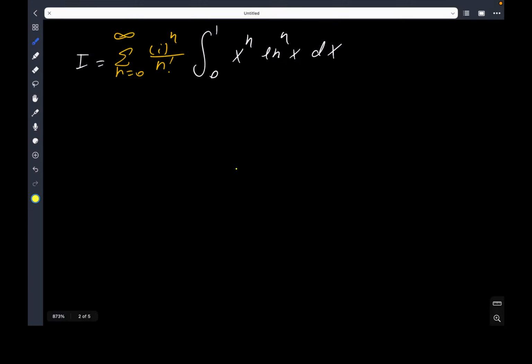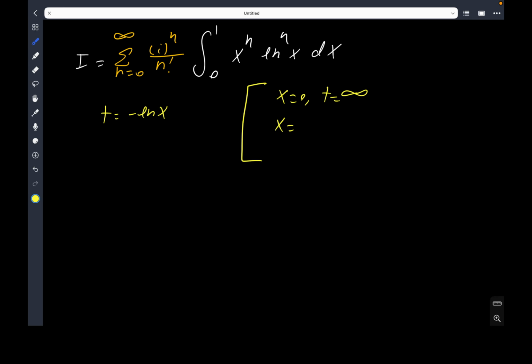I'm going to say that t equals ln x. Thus, when t equals ln x, I'm going to change my bounds. When x equals 0, ln x is negative infinity, so t equals infinity.